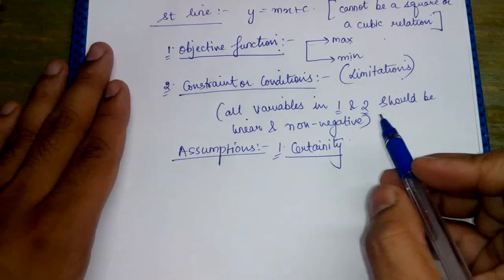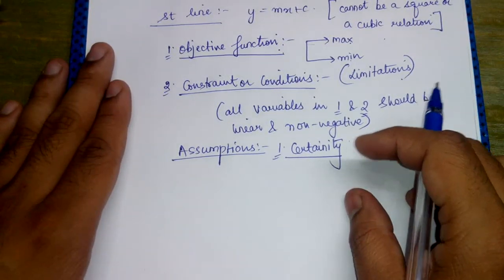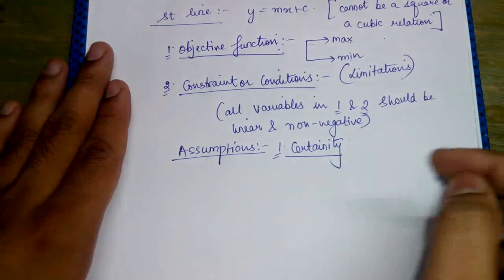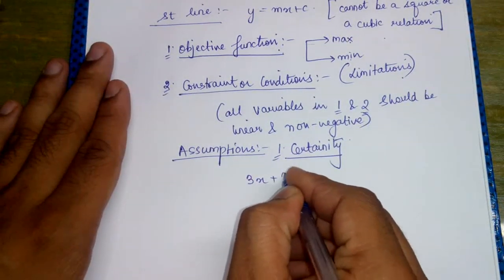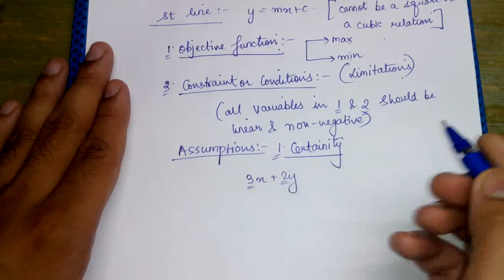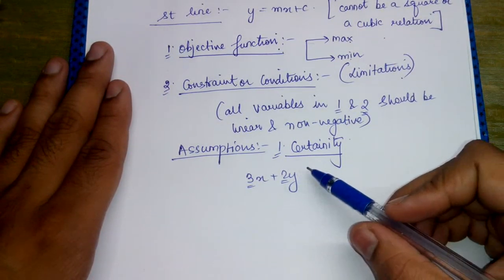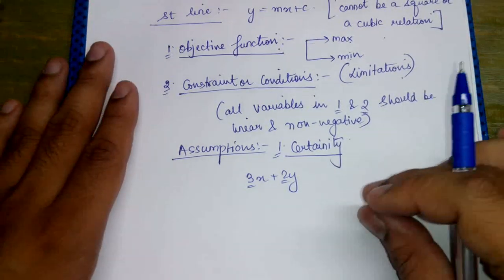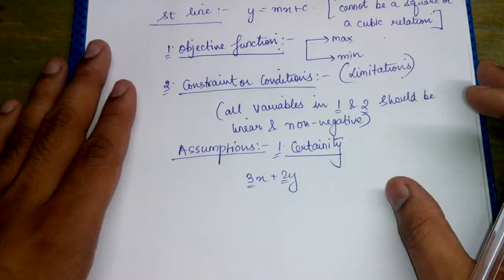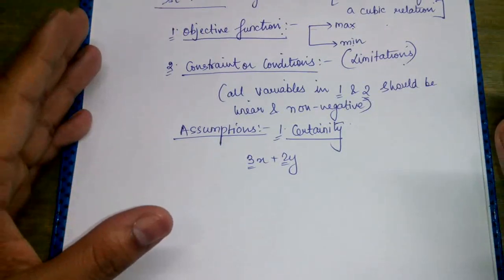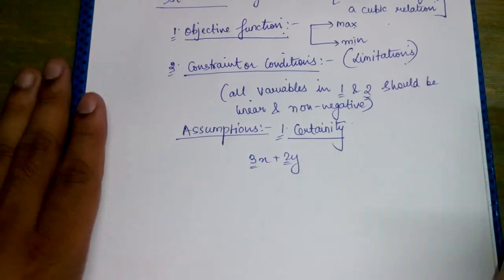In the linear programming model, the various parameters like objective function coefficients, constraints and resources are known exactly. Objective function coefficients means, for example, if we write 3x plus 2y, then 3 and 2 are the objective function coefficients. Their values do not change with time. They are not transient phenomena; they actually remain constant.